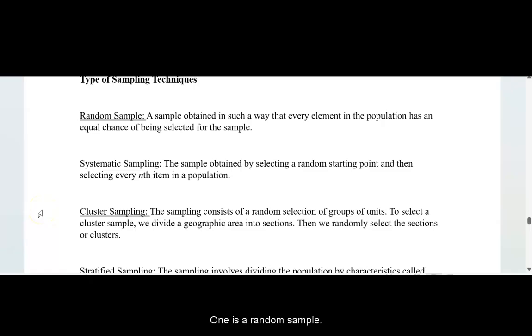1 is a random sample. Now, with a random sample, the sample is obtained in such a way that every element in the population has an equal chance of being selected for the sample. For example, if I wanted to just randomly pick 5 students from my class, I would randomly choose a name.